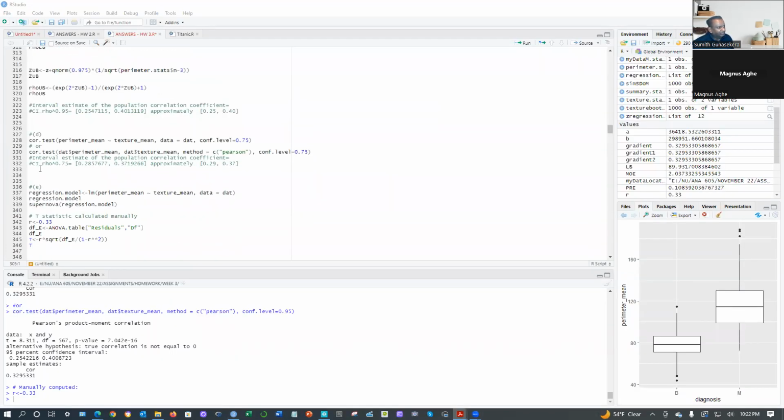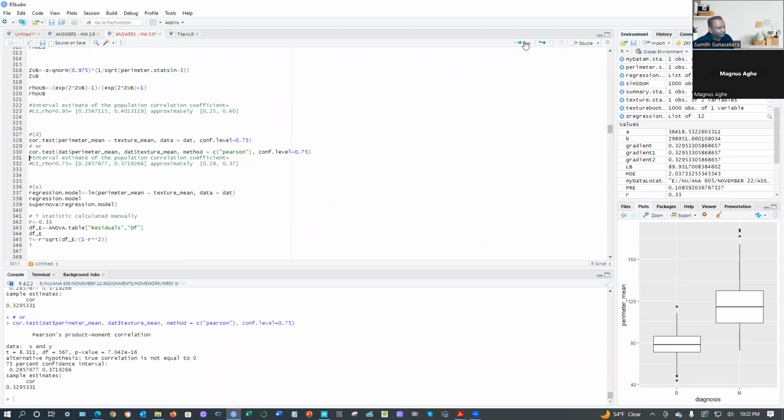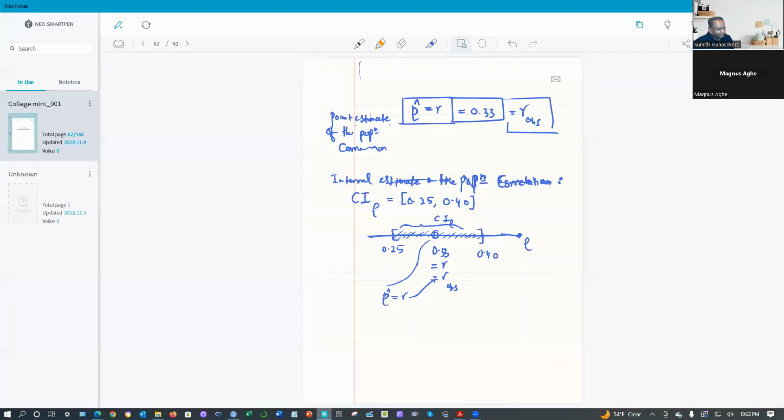The same thing you can do with the confidence level changed to 75%. Within the 95% interval, the correlation is included, and in the second one you have the 75% interval.